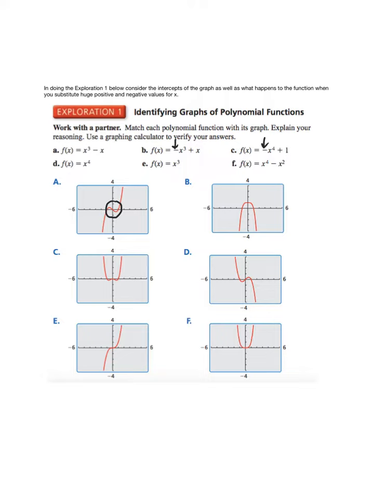End behavior is what happens after the wiggle. For graph A, the end behavior is up and to the right, and as we move toward negative numbers on the x-axis, the graph goes down into the left.